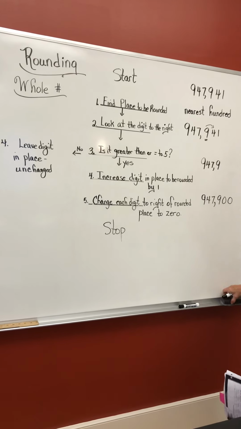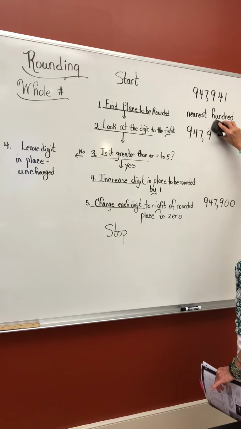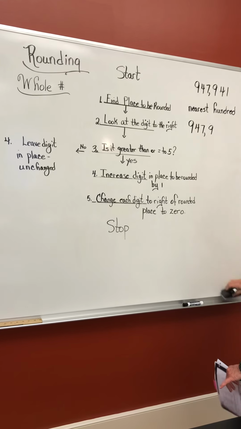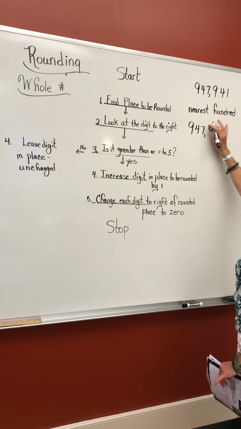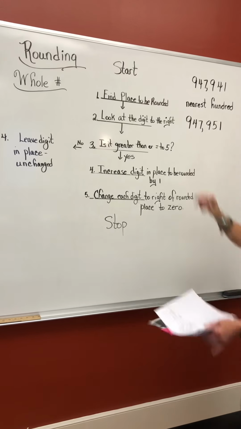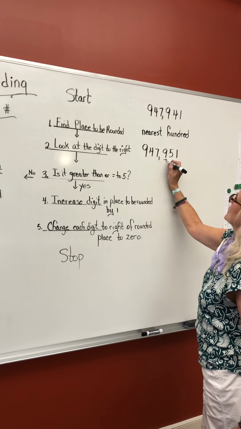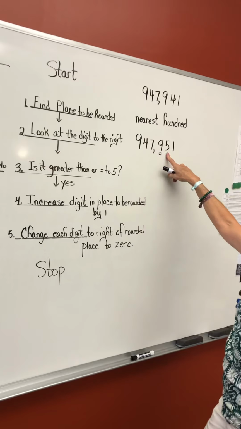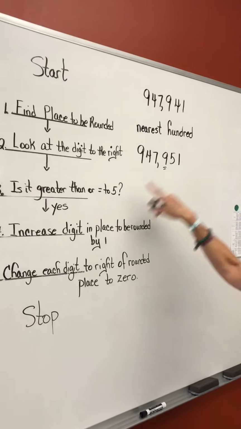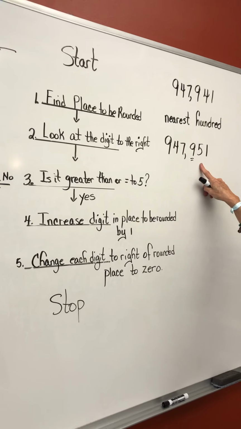Okay, so let me just change this for a minute, and let me use the number 951, okay? And again, we have the same number, right? I want to also round to the nearest hundred. I'm going to look at this digit 5, all right? Is it greater than or equal to 5? Well, it's equal to 5.